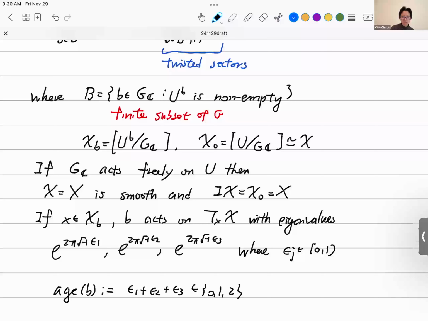So the automorphism at the stacky point acts on the tangent space at that point. Since b has finite order, it acts with eigenvalues which are roots of unity. Then we can choose a unique epsilon_i by requiring that it's greater than or equal to 0 and less than 1.